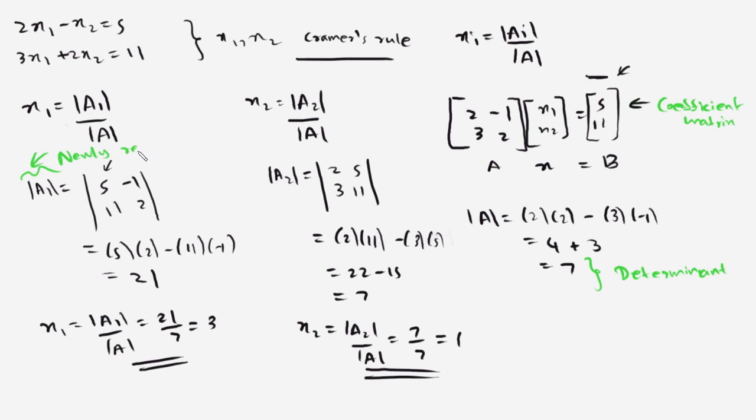If we have n linear equations, then there will be n unknowns as well. So we have to follow this exact same procedure n times. So that's how we use Cramer's rule.